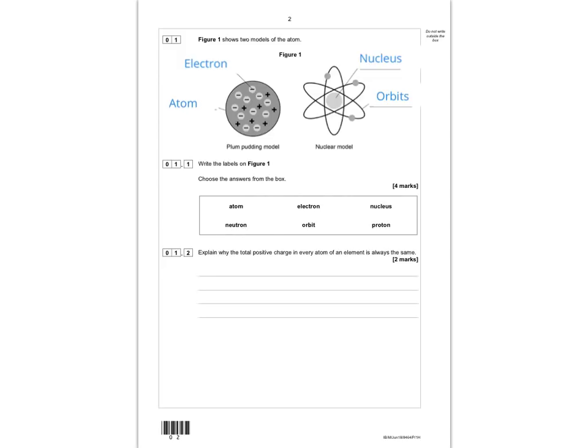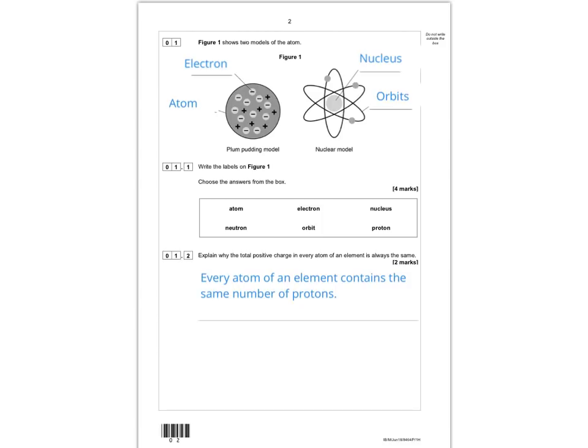Which is: explain why the total positive charge in every atom of an element is always the same. So the first marking point is saying that every atom of an element contains the same number of protons. So you should know that all atoms of carbon, for example, contain 6 protons, because that's what makes it carbon.